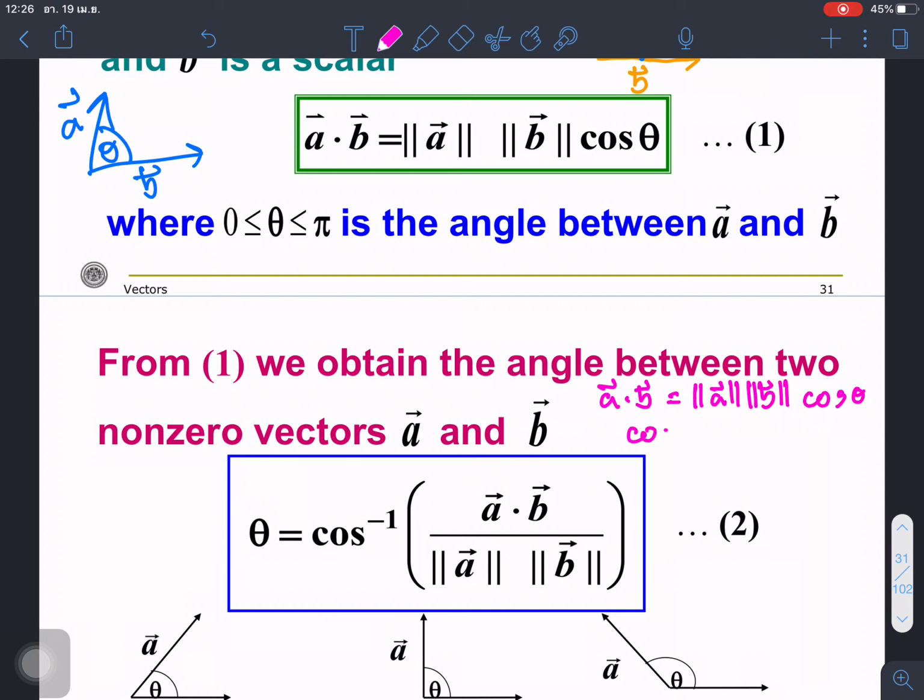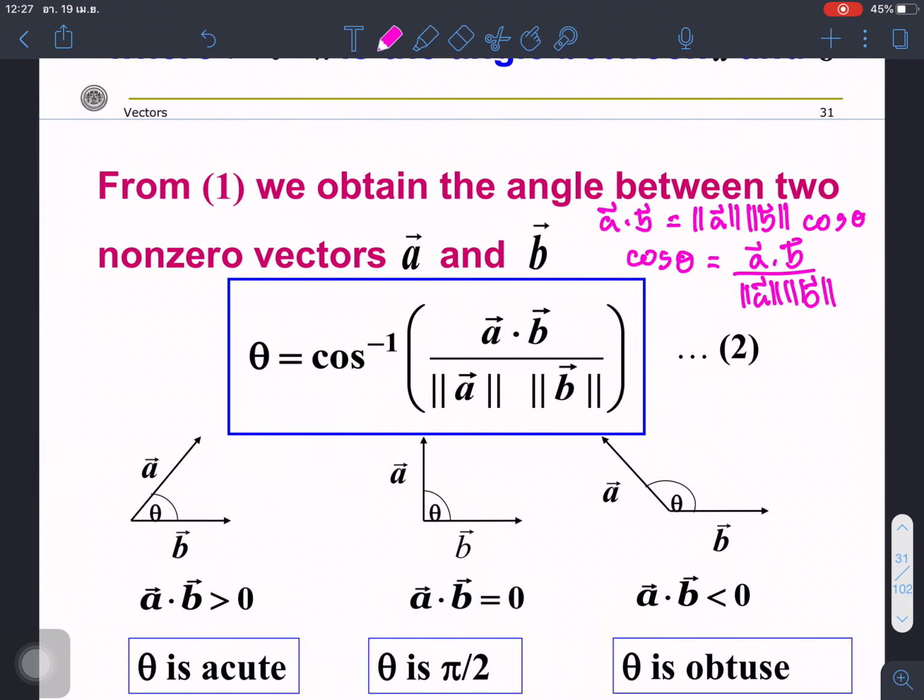Then you move the two moduli to the bottom of this fraction. If you want to find theta, you use the arc cosine, the inverse of cosine, so then you get this formula.